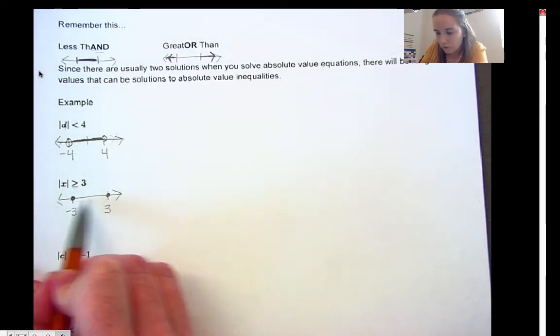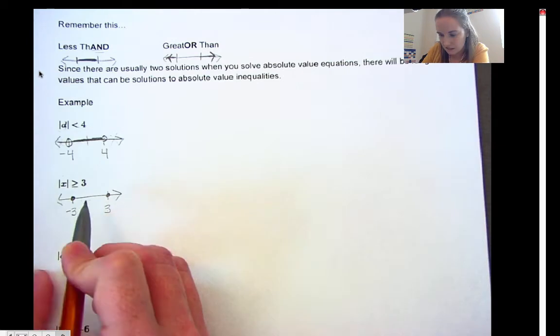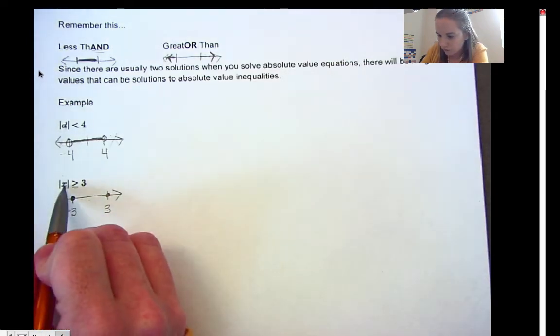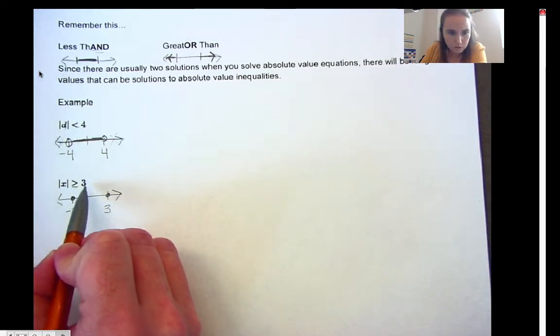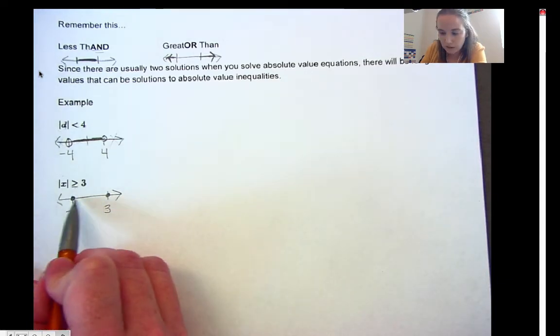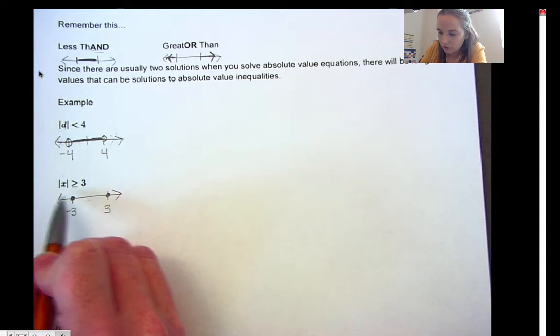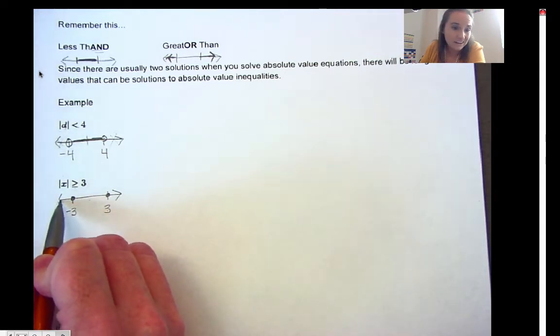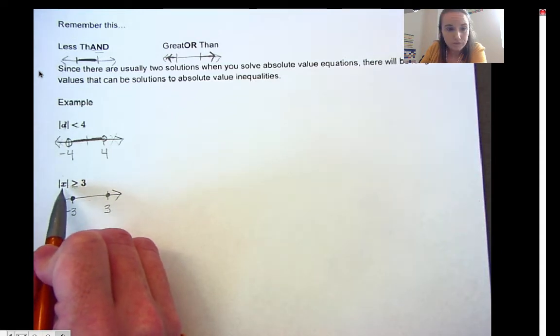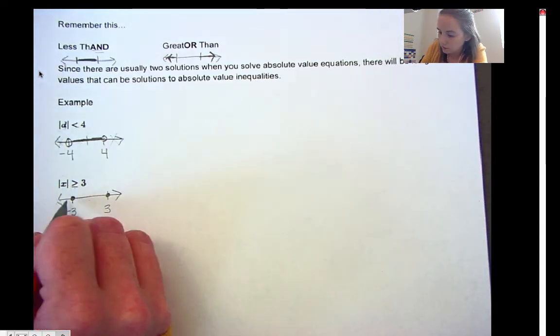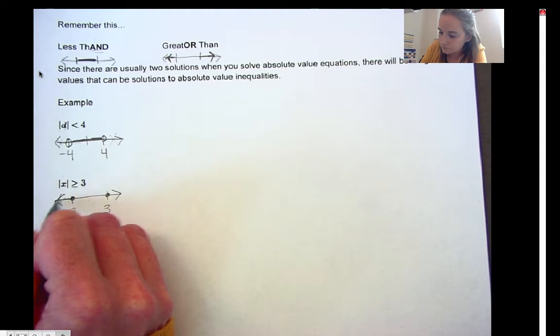But if I try a value in between 3 and negative 3, like 0, the absolute value of 0 is 0, and that is not greater than 3. So numbers in between don't work. If I try a number on the left side of negative 3, like negative 4, the absolute value is 4, and that is greater than 3. So I can shade this direction.